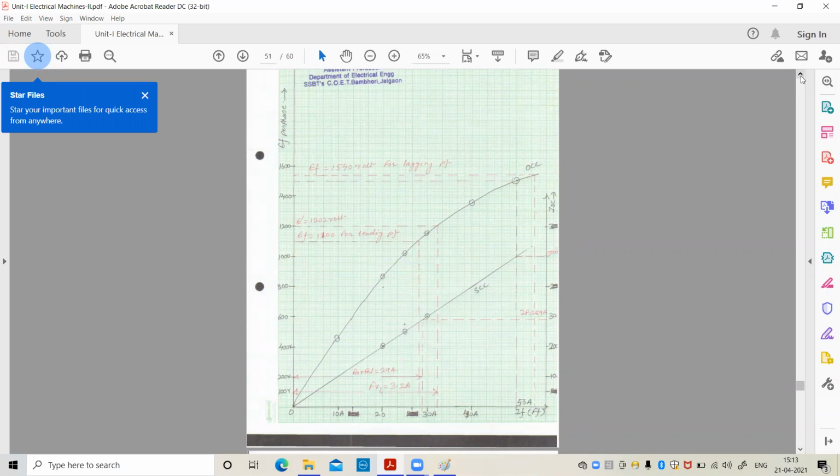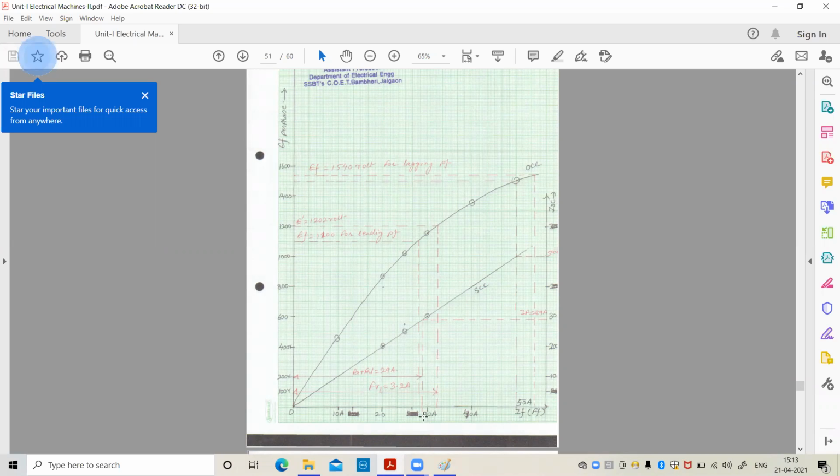On the x-axis we have field current: 10 ampere, 20 ampere, 30 ampere, 40 ampere, and 50 ampere, and so on. Whereas on the y-axis we have taken the EMF per phase. So this is the open circuit voltage and this is the short circuit current.